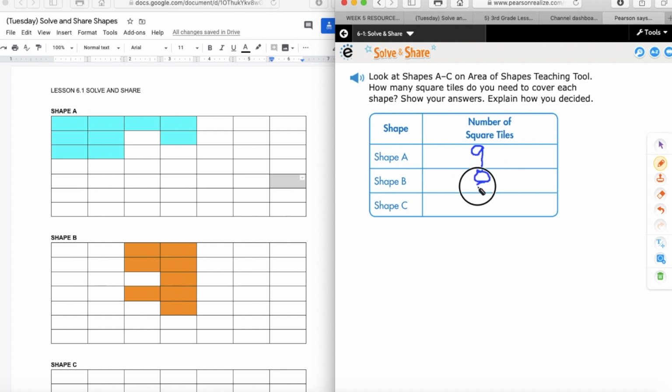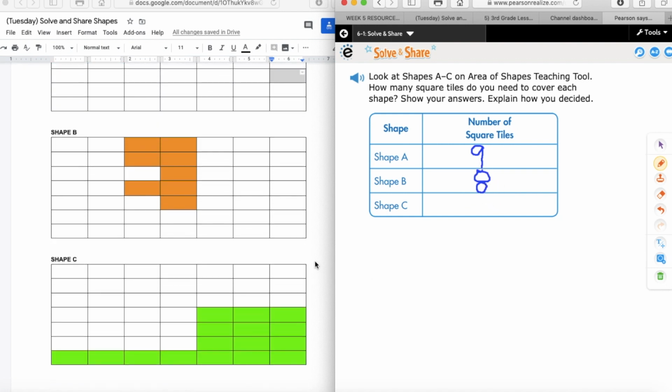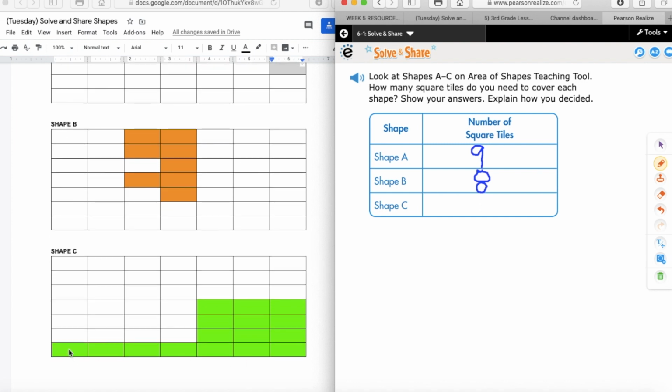We know there are 8 there. And then moving on to shape C, how many tiles do you need there? You need 1, 2, 3, 4, 5, 6, 7, 8, 9, 10, 11, 12, 13, 14, 15, 16. There are 16 tiles needed to make that shape.